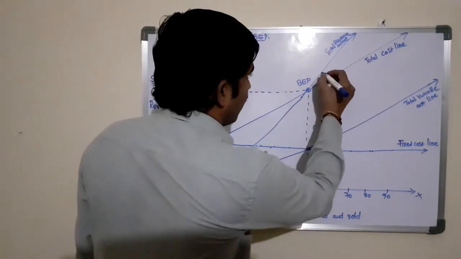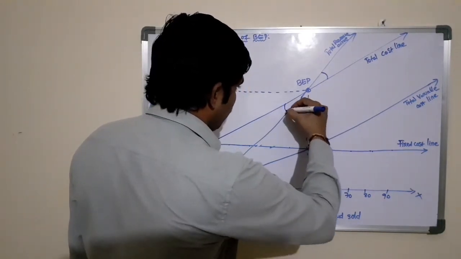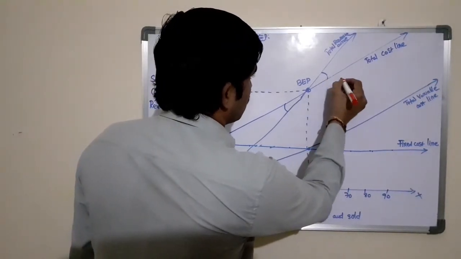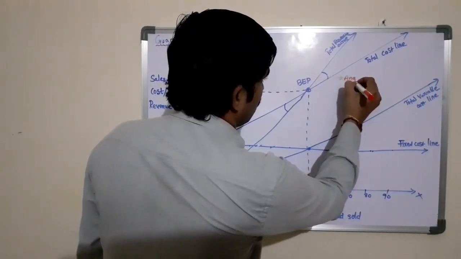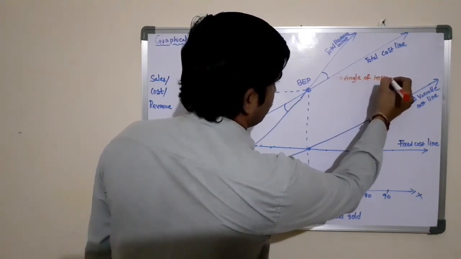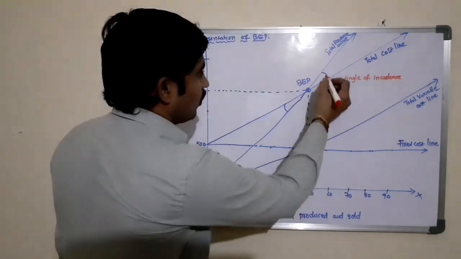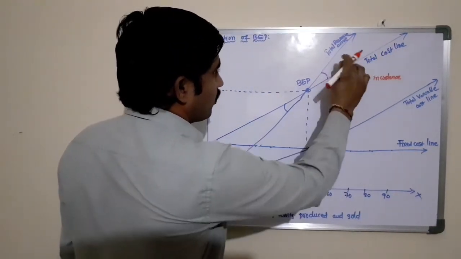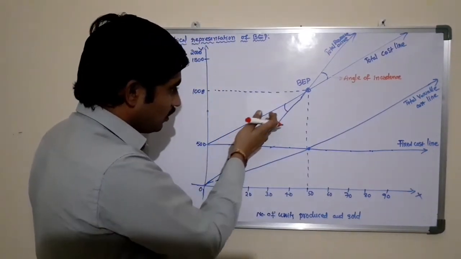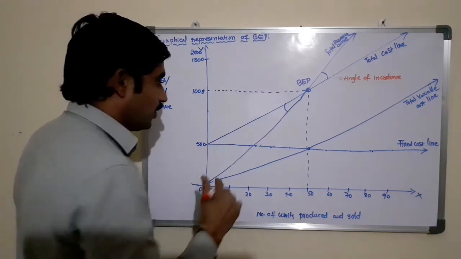And the angle which is forming at the break-even point is known as the angle of incidence. The larger the angle, the higher the profits above the break-even point, and the larger the angle, the more the losses incurred below the break-even point.